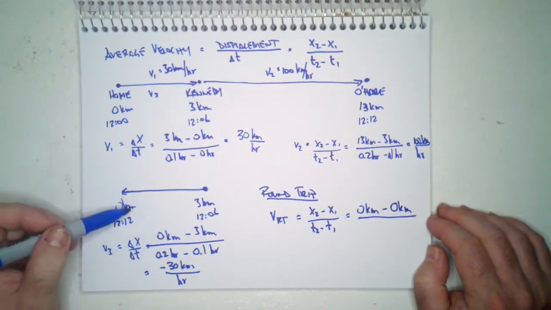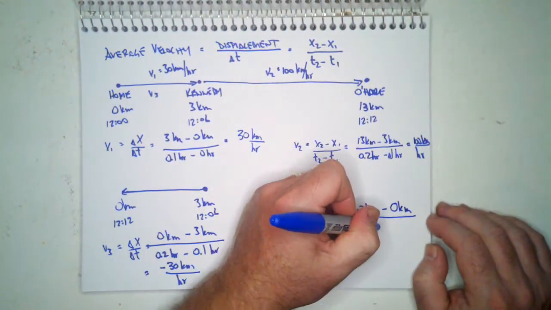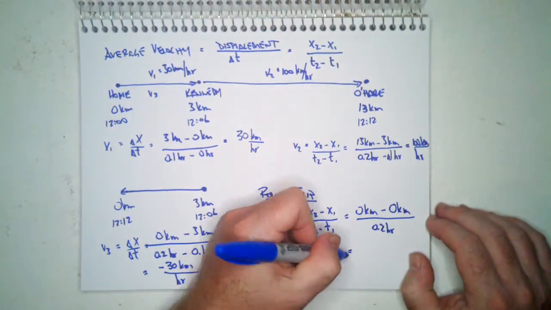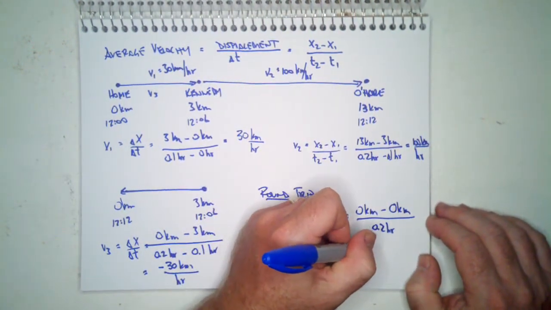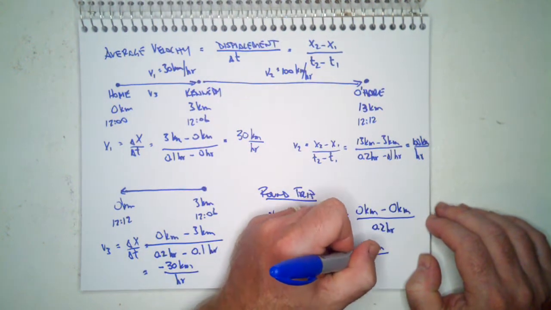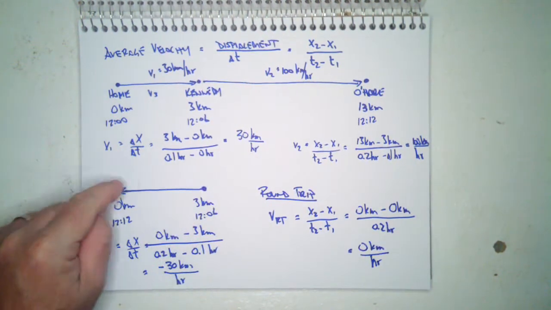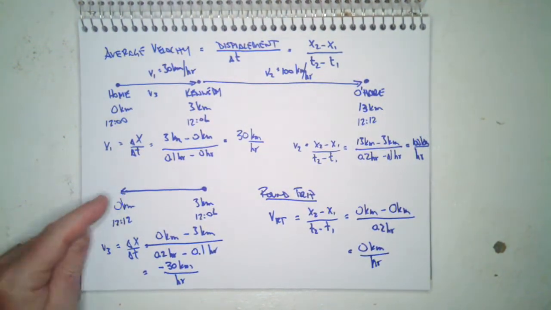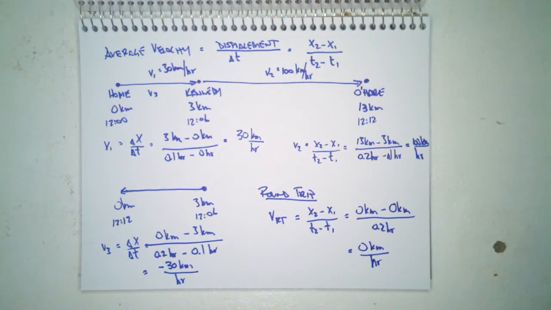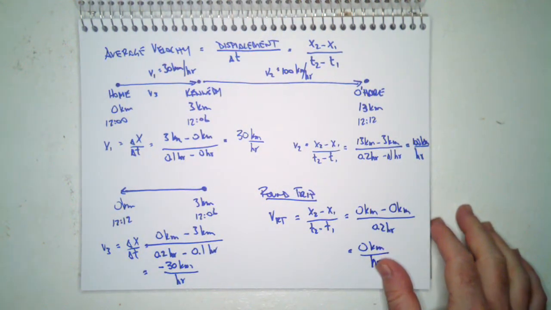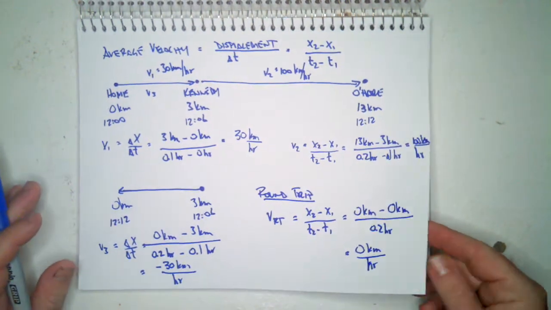And over that time, it took us 0.2 hours. What's that equal? Well, that equals 0 kilometers per hour. So it doesn't matter if you go out and come back. If you always end up in the same place, you have no velocity. So that's how these things work with directions.